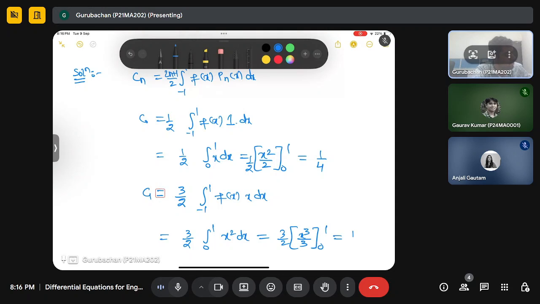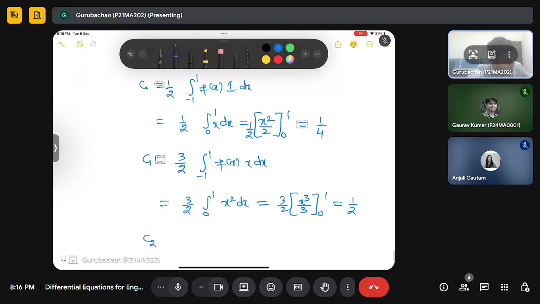So this will give you 1 by 2 as a contribution. Then C2 will be 5 by 2 integral from minus 1 to 1 of f(x) times (3x square minus 1) by 2 dx.